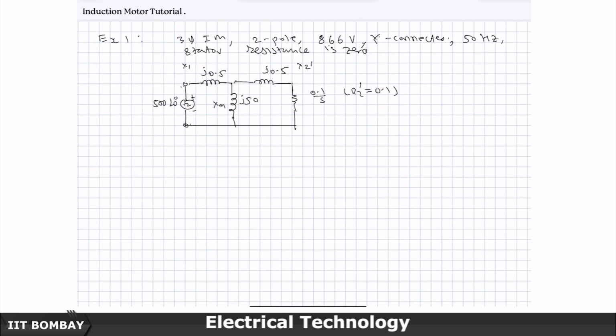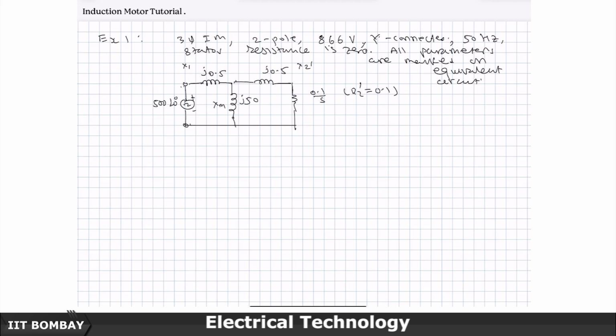So, this is the equivalent circuit for A phase. I am taking the A phase voltage as the reference voltage, therefore the angle is 0. All the parameters are marked on the equivalent circuit.